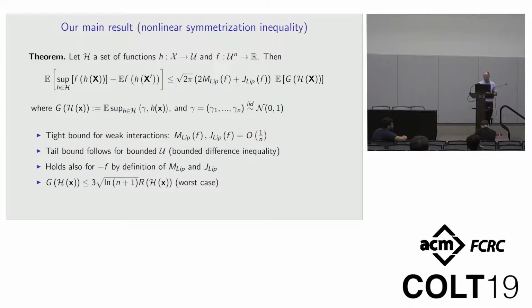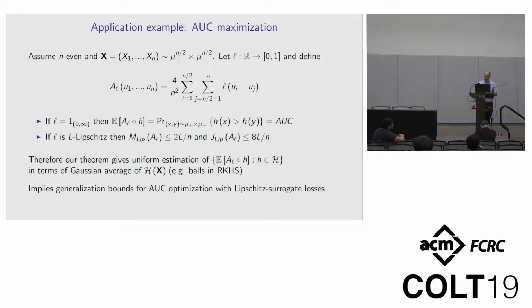So we have a number of applications of this result. I will just discuss briefly one and mention a few others. So one application is to the case in which our nonlinear statistic is the area under the curve, or bipartite ranking.